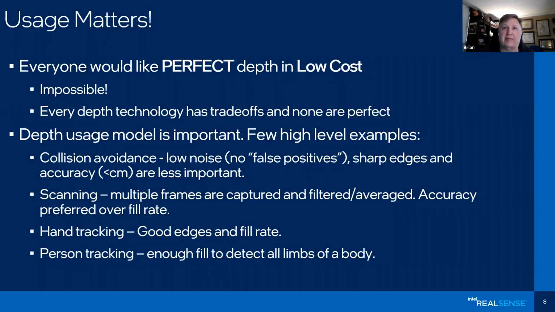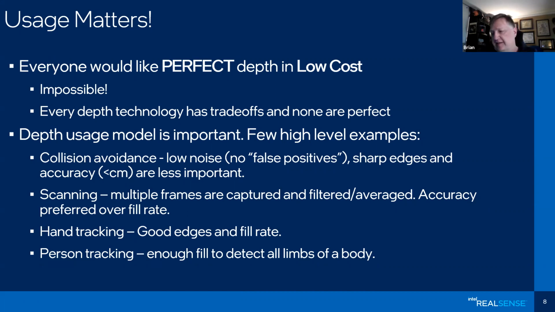We're not going to play in the $1,000 market. Those are very expensive, very directed, focused 3D cameras. What we're trying to do here is we are looking for the everyday type of device. And that's a little misnomer, but we're looking at the robots that are looking for things like collision avoidance.